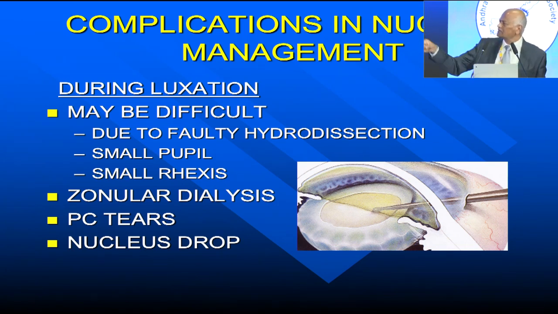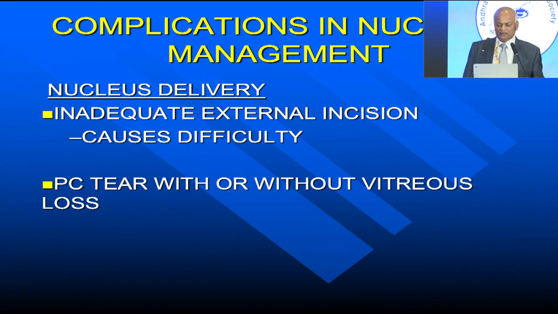Then due to the small pupil and small rhexis, these both being small, it is very difficult to bring the nucleus out, and then the PC tear, and sometimes you get the nucleus drop also. Now see what happens in that: an inadequate external incision also sometimes troubles you. So here you will have to extend, and that extension always helps, otherwise there may be a PC tear.